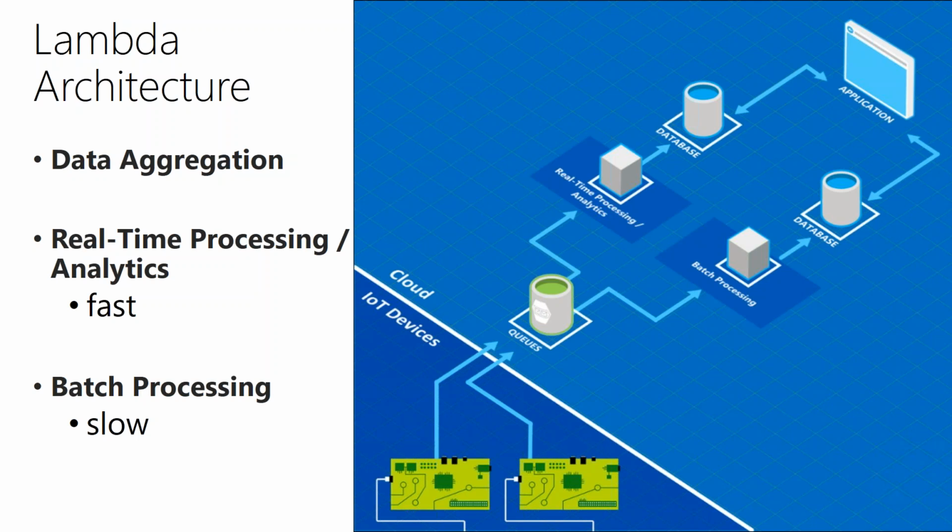And then from there, it can split those messages off to those two data paths, the fast and slow paths, simultaneously. And this allows you to choose the way that you want to implement both fast and slow data processing in a single solution without having to choose one or the other. Being able to do everything that you need to do with your data within the same solution without needing to compromise, essentially.